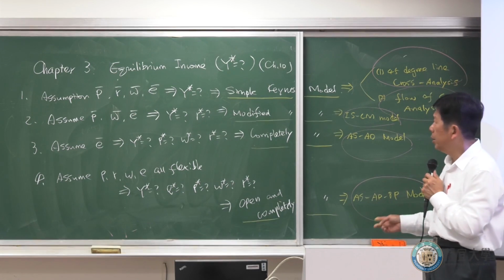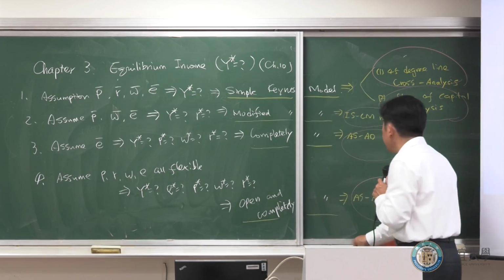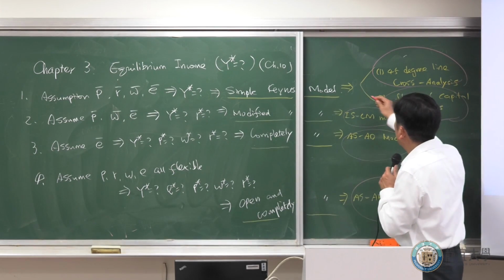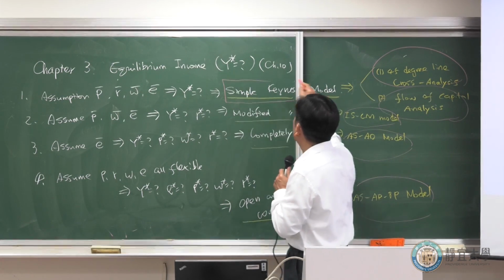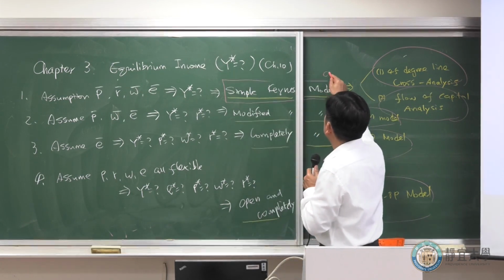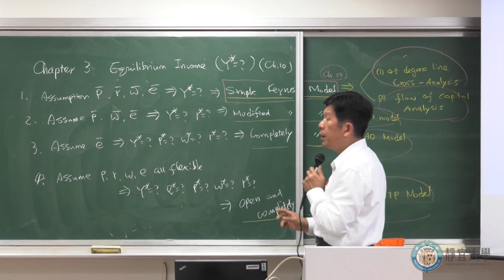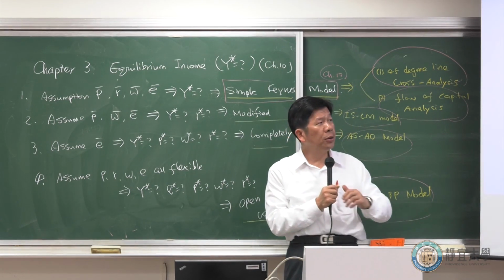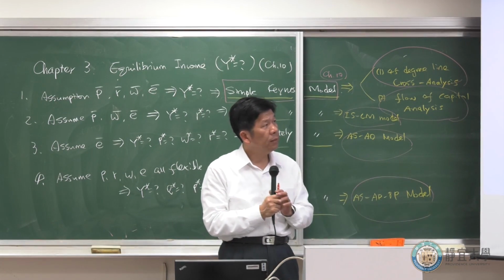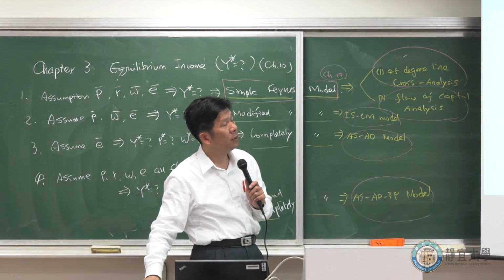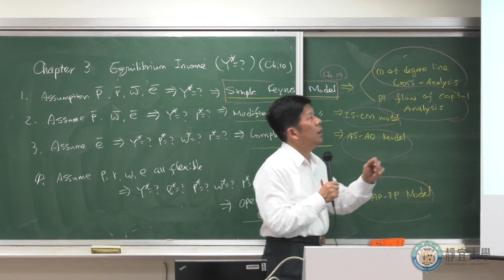This chapter is special to the simple Keynes model, in chapter 10. Here we just show you about income and spending.